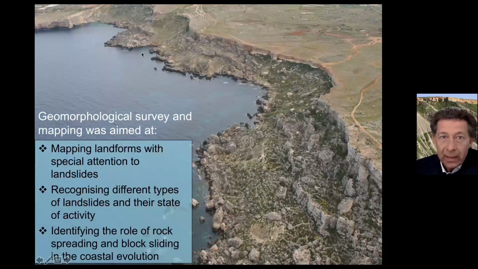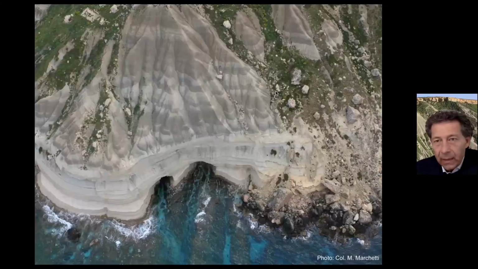But where the clays are not protected by these blocks, of course, the sea action can play a major role in coastal erosion and coastal retreat, possibly triggering or favoring further landsliding. So sometimes, as you have seen in the slide before, the clays reach the sea.